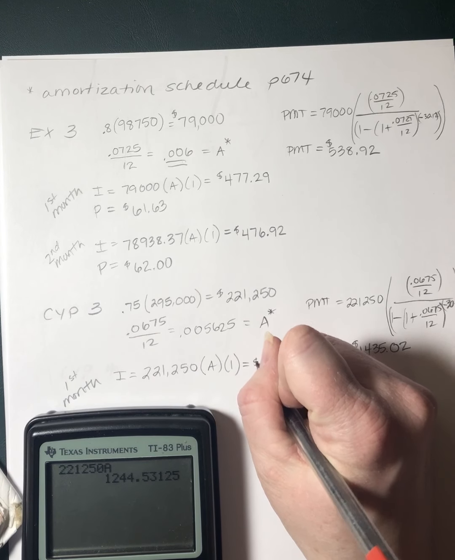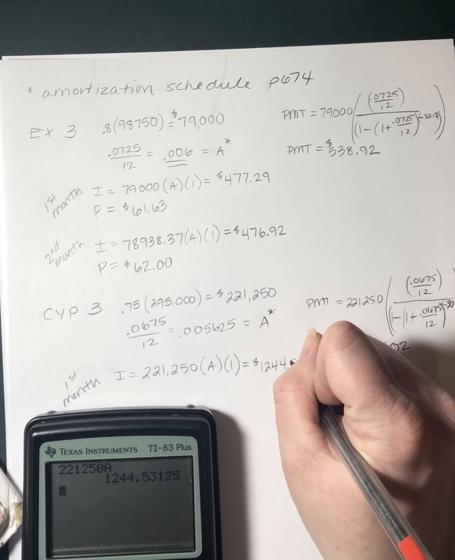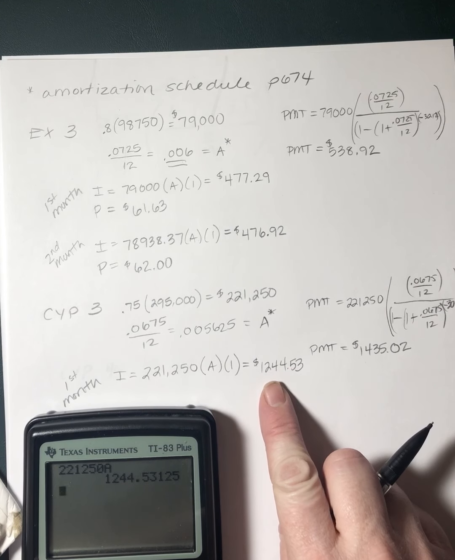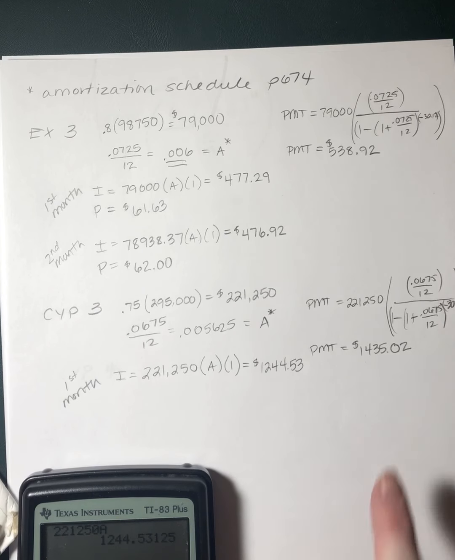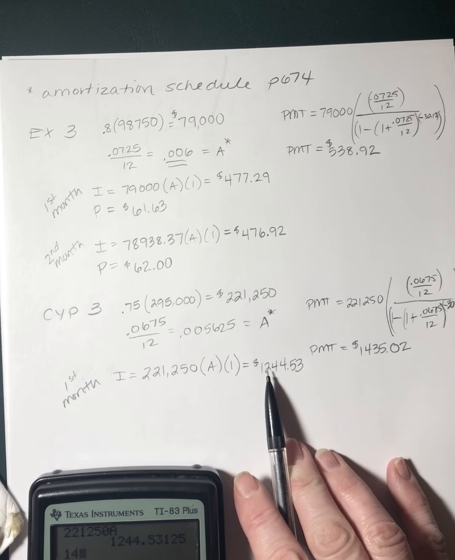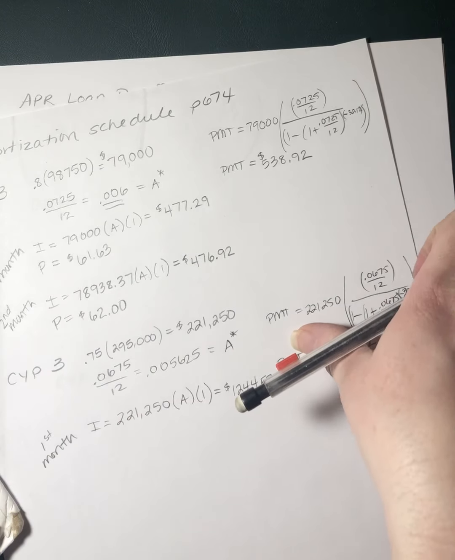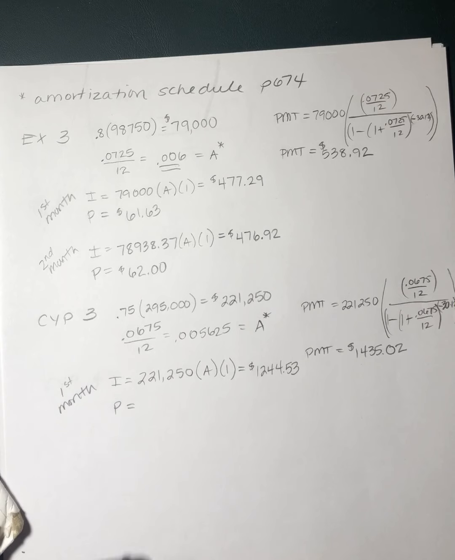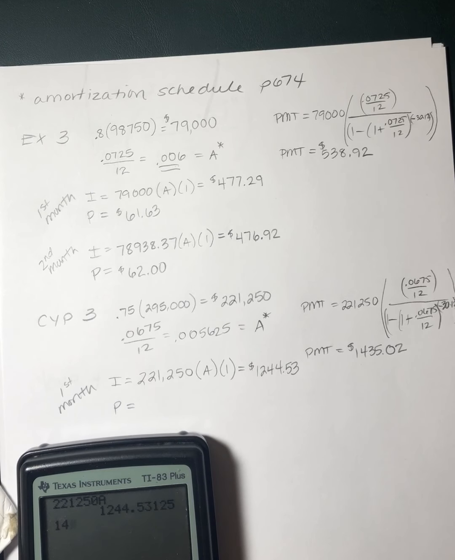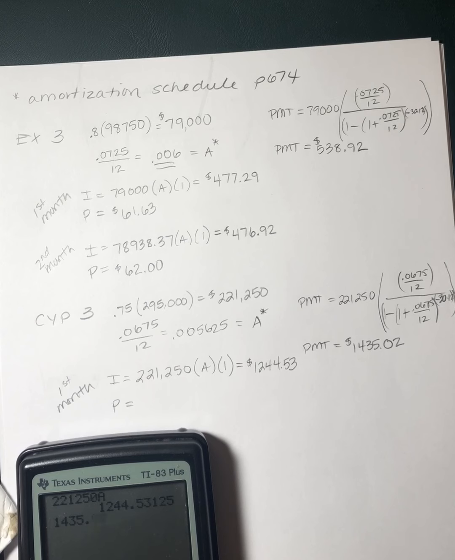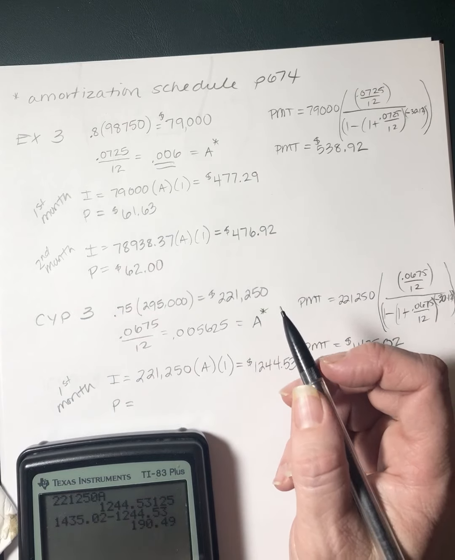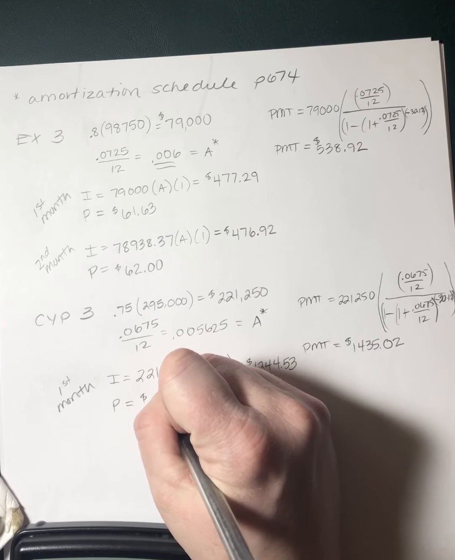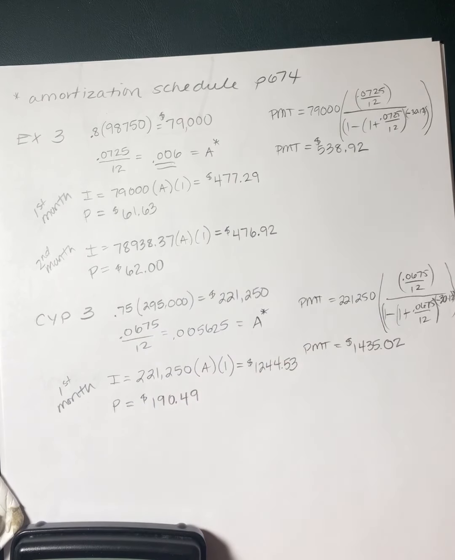So for the first month, that's how much is in interest. And then you're going to take this minus this to find out how much is going to be in principal. So for the first month, it'd be $190.49. Okay.